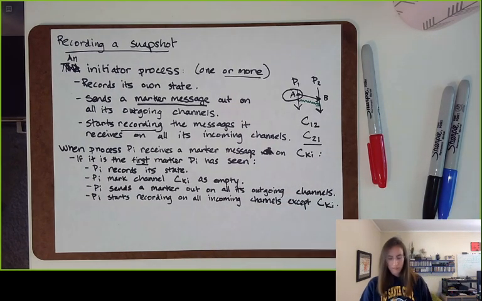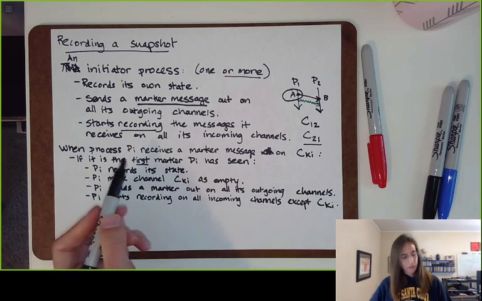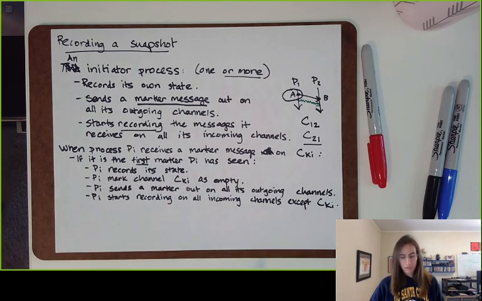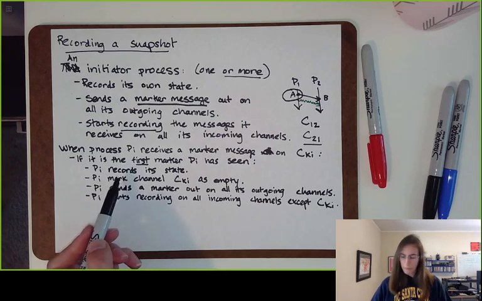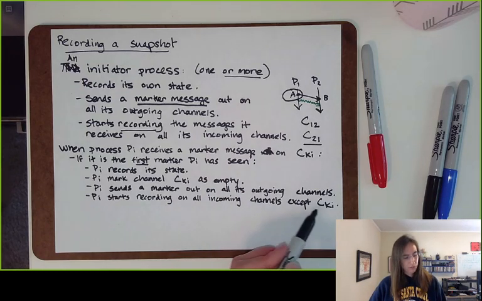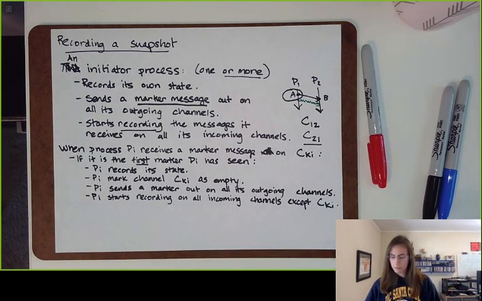So the short version of what the process does when it receives a marker message and it's the first one it's ever seen is that it records its own state and it starts recording incoming messages on every channel except the one that marker message came in on.